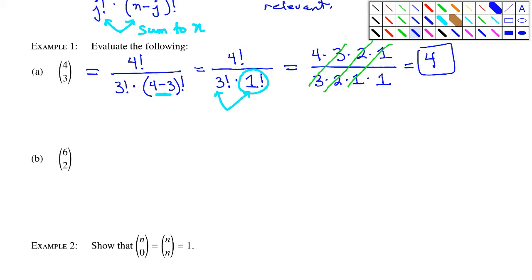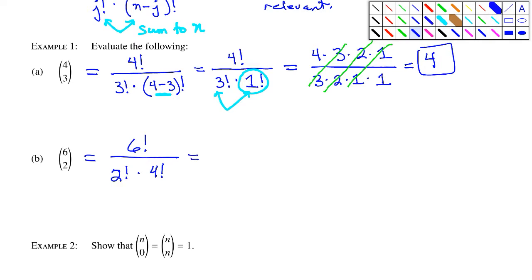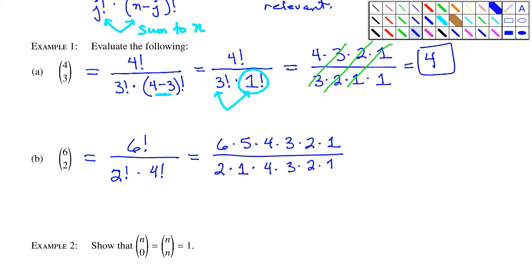Let's look at part B, 6 choose 2. So this would be 6 factorial divided by 2 factorial times 4 factorial. And this is going to be 6 times 5 times 4 times 3 times 2 times 1 divided by 2 factorial, which is 2 times 1, and 4 factorial is 4 times 3 times 2 times 1.